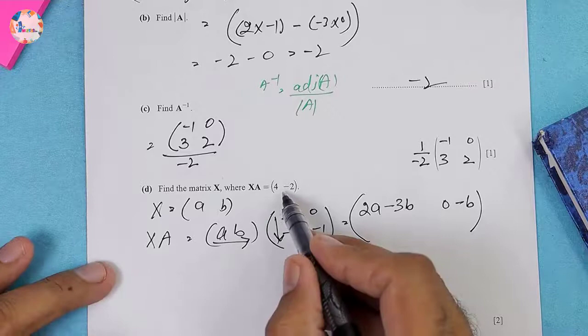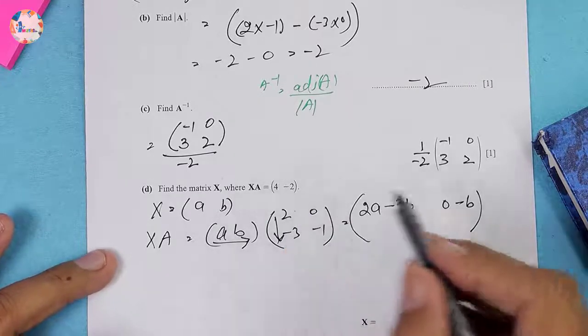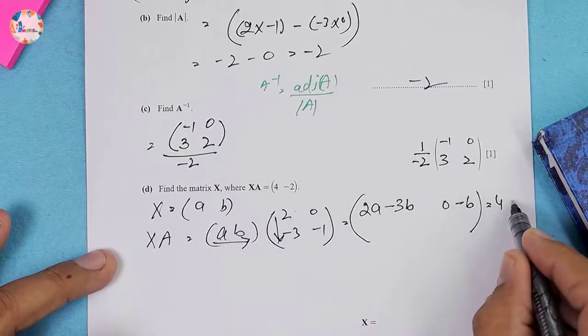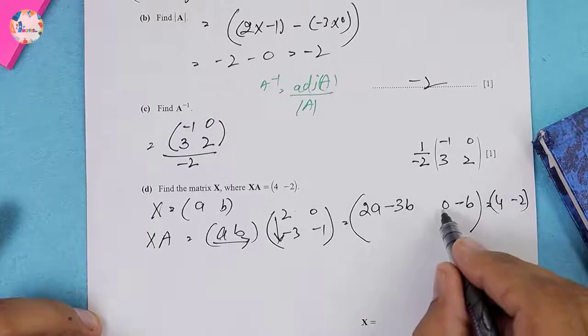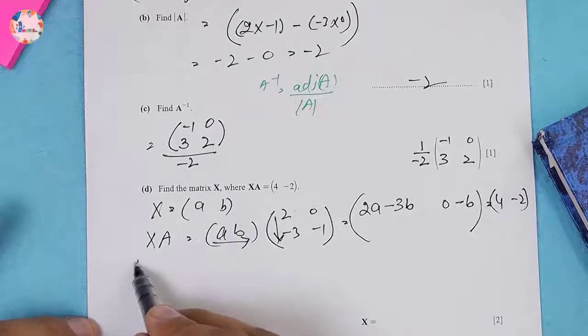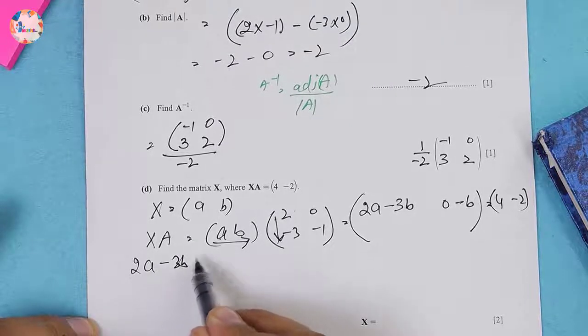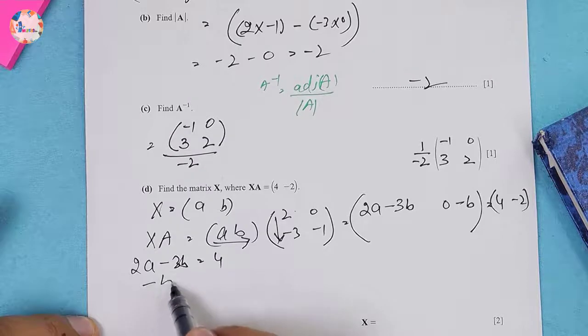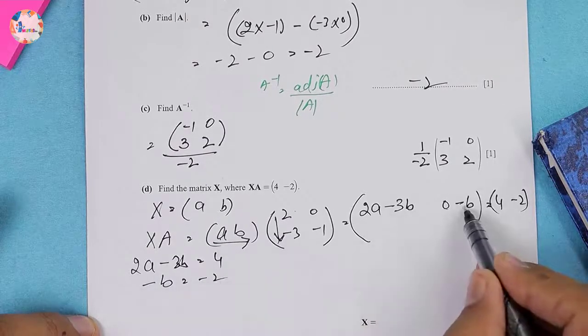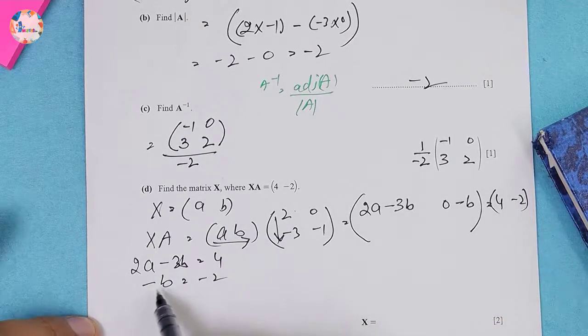Now we know that this is equal to 4 and minus 2. Now we can compare this with this and this one with this. So we can write 2A minus 3B is equal to 4, and minus B is equal to minus 2. This implies the minus can be cancelled, B is equal to 2.